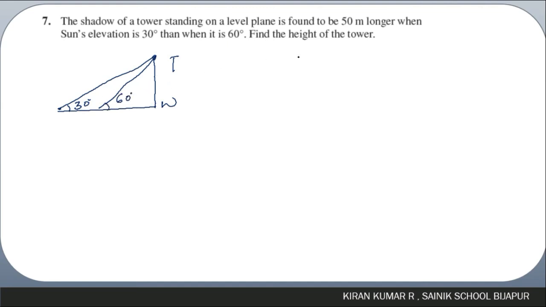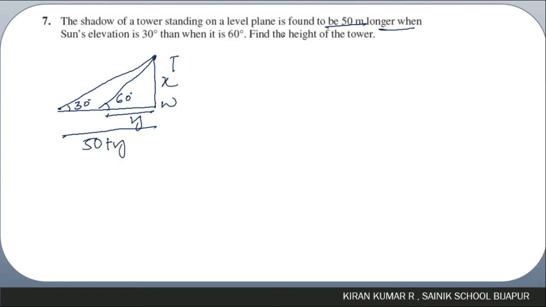It is given that the shadow is 50 meters longer when the sun's elevation is 30 degrees than when it is at 60 degrees. Suppose I consider this distance to be y, tower height as x, this distance will be 50 meters more, so 50 plus y.